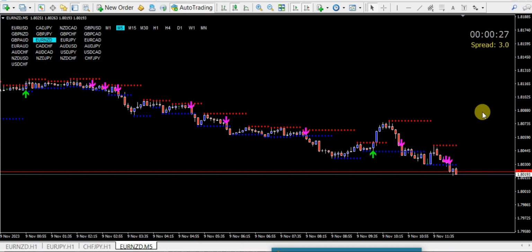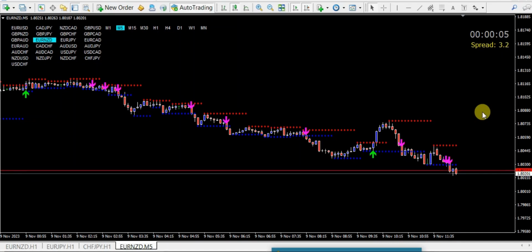That is the area of retouch and rebounds. Then number four, breakout of support and resistance level, retouch or retest. Then the fifth one is Fibonacci retracement, which we are going to deal with also by His grace. So let's move forward. We have no time to waste.